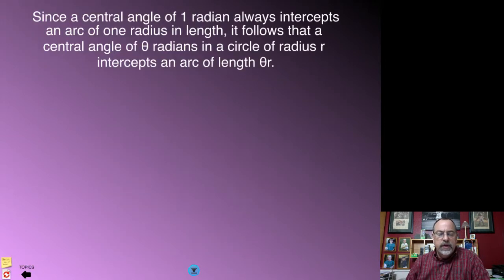The second thing we wanted to talk about before we move further is that since a central angle of 1 radian always will intercept an arc that's 1 radius in length, it follows that a central angle of any number of radians in a circle with a radius r will intercept an arc equal to that number of radians times the length of the radius.